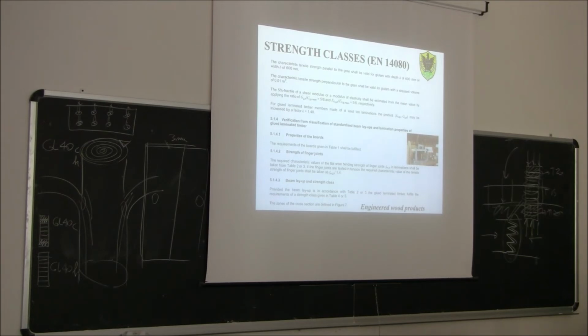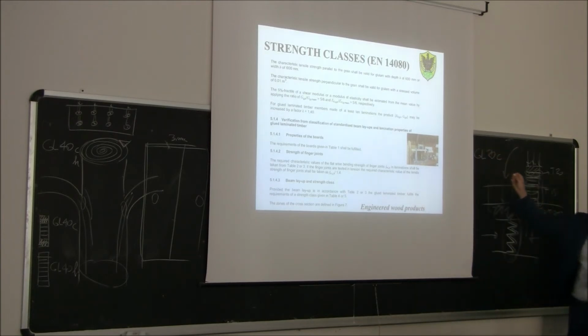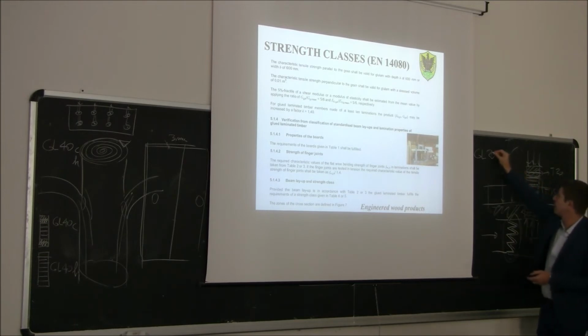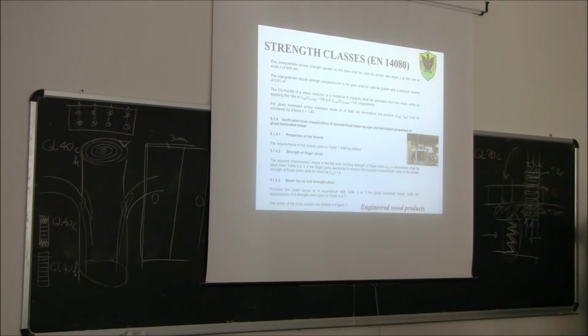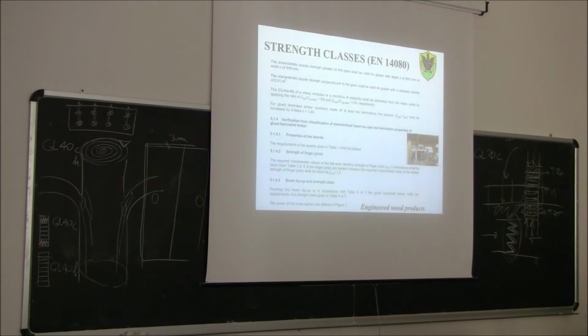Now we're going to see that, for example, if you want to obtain GL20C, which means a glue laminated, combined glue laminated timber beam with a bending strength of at least 20 megapascal, the regulation tells us that we need to use some value of the tensile strength of the board and then some minimum value of the bending strength of the finger joint.